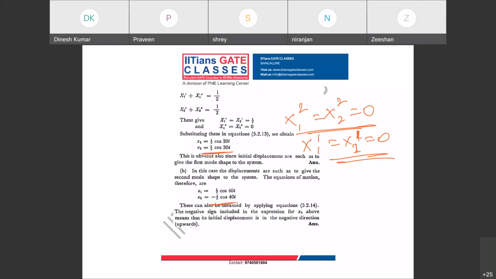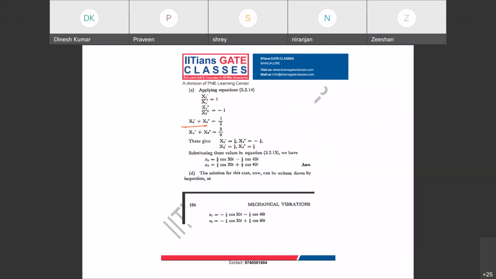In case 3, if you use these 4 equations you will get all non-zeros. So your system vibrates in combined mode. Case D is also the same: using these 4 equations, your system vibrates in combined mode.